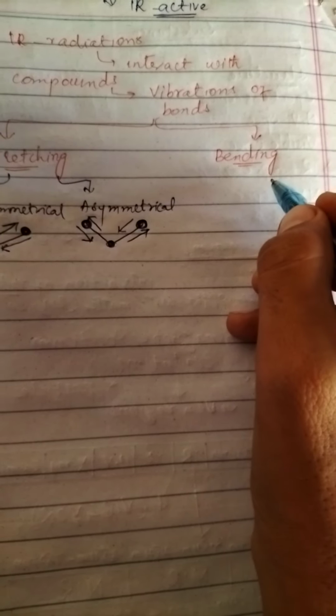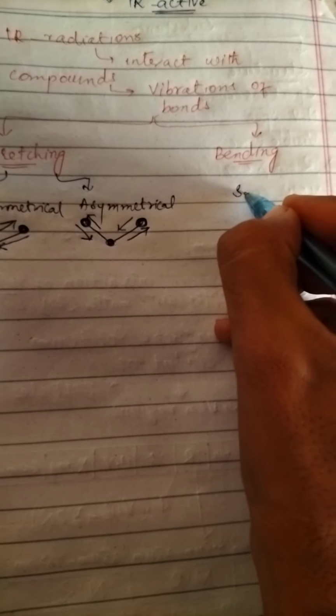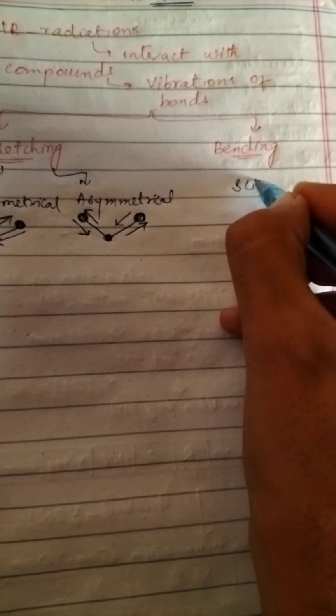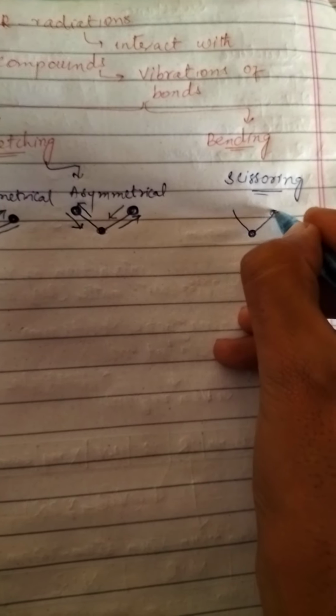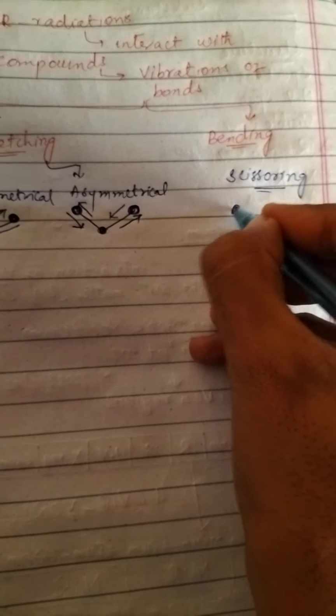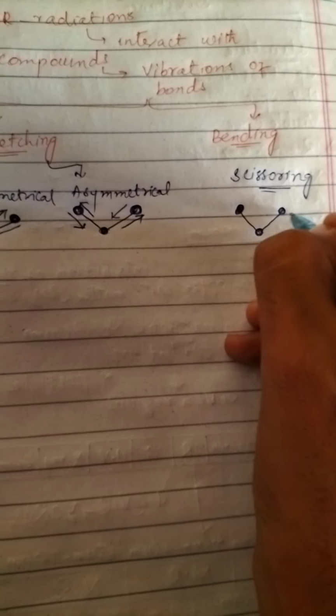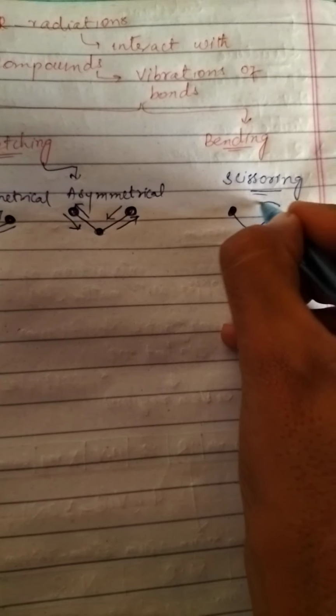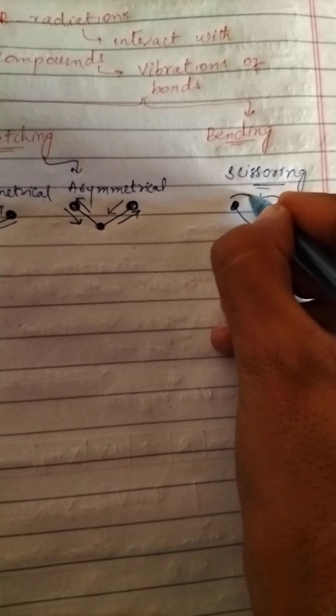Now the bending has four modes of vibrations. One is called scissoring. In this mode, here are two atoms. Both atoms move towards each other like a scissor, like this.